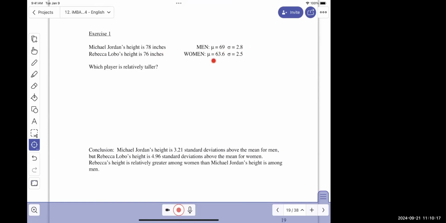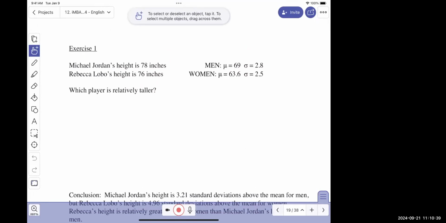Women in general have a mean of 63.6 and a standard deviation of 2.5. Rebecca Lobo's height is 76. Which player is taller? How will we answer that question without looking at the answer?